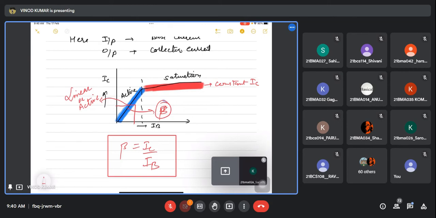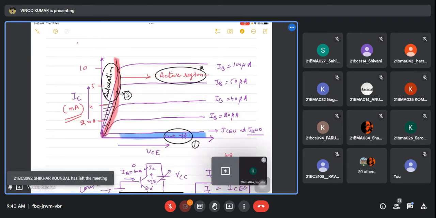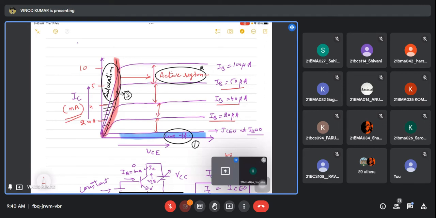Am I right? So here, this graph, if it is showing, you can see when we vary the IB, it is this current IC which is varying here. That's why this region is active actually, because this is the input. So this graph cannot show that this is a saturation region. This is active region actually.